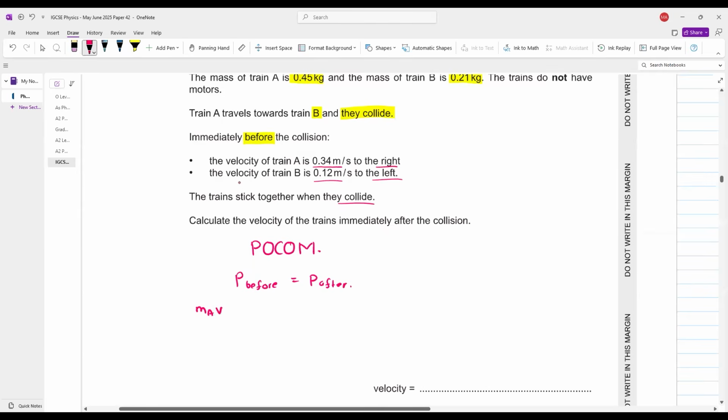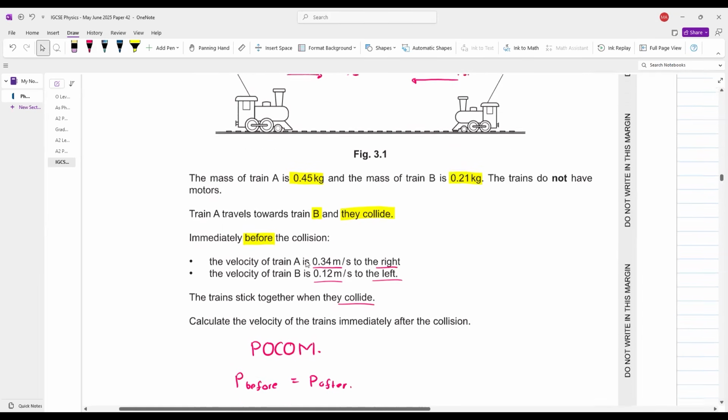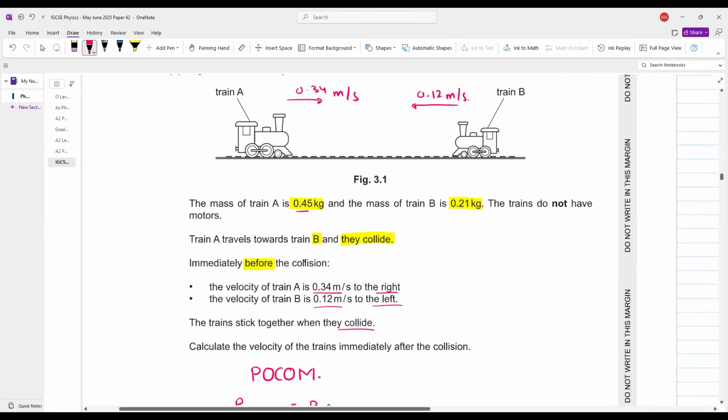Can you calculate the total momentum before collision? Mass of A into velocity of A plus mass of B into velocity of B. Can you calculate the momentum after collision? Yes. Total mass into total velocity, because the trains are sticking together when they collide. So you will take the total mass. What is the mass of A? 0.45.